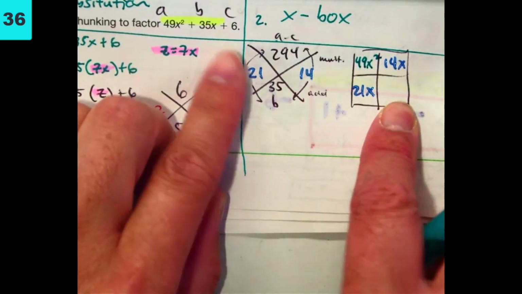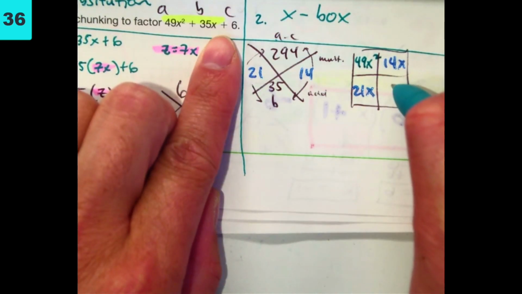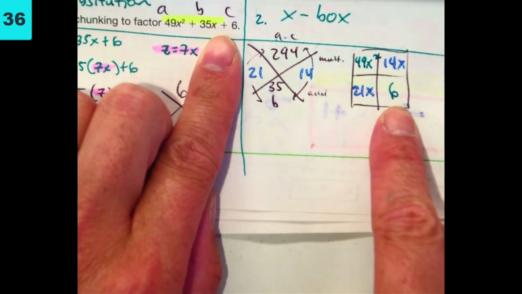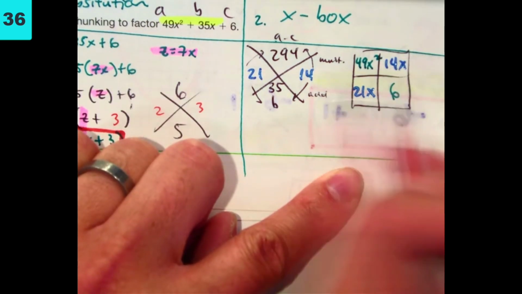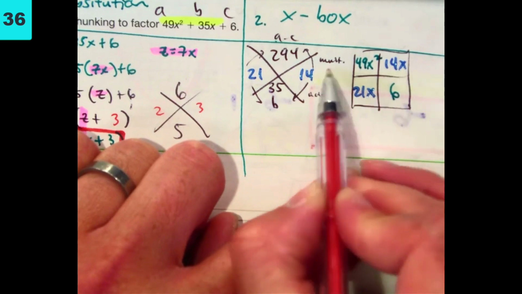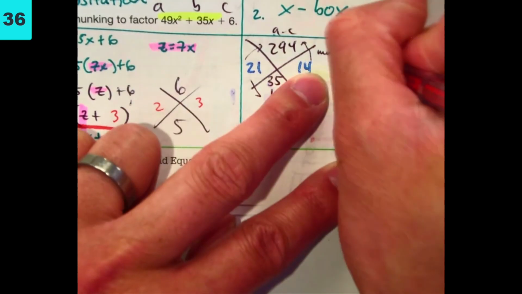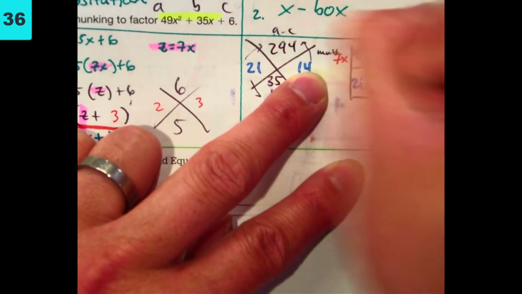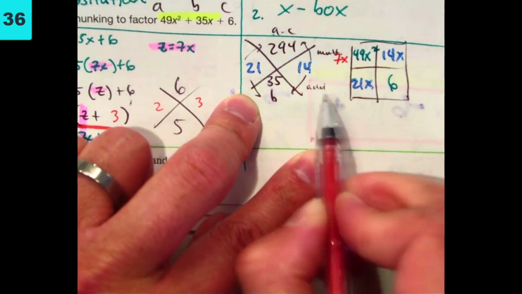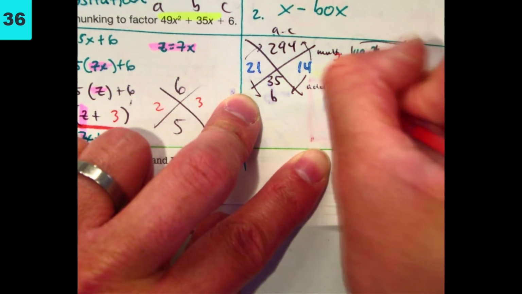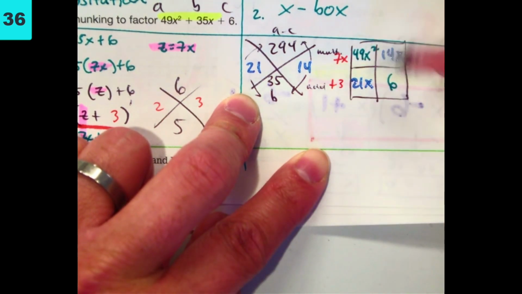And the bottom right, what am I going to put, class? 6. That's always the c term. How do you get the numbers outside the box? What's our greatest common factor here, class? 7x. Greatest common factor here? 3.